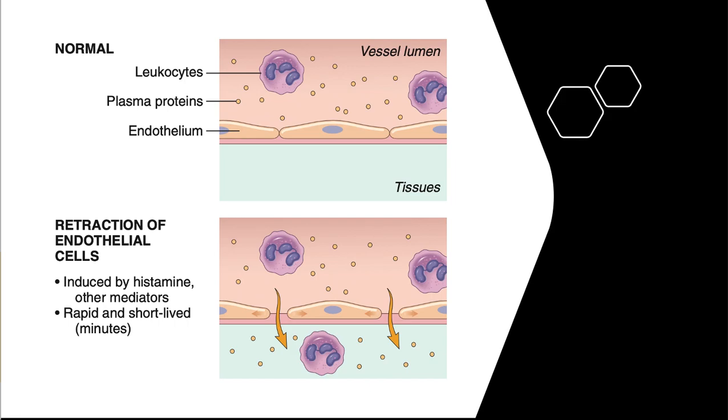It occurs rapidly after exposure to the mediator, within 15 to 30 minutes after start, and is usually short-lived. Hence, it is referred to as the immediate transient response. The main site for this rapid increase in vascular permeability is post-capillary venules.